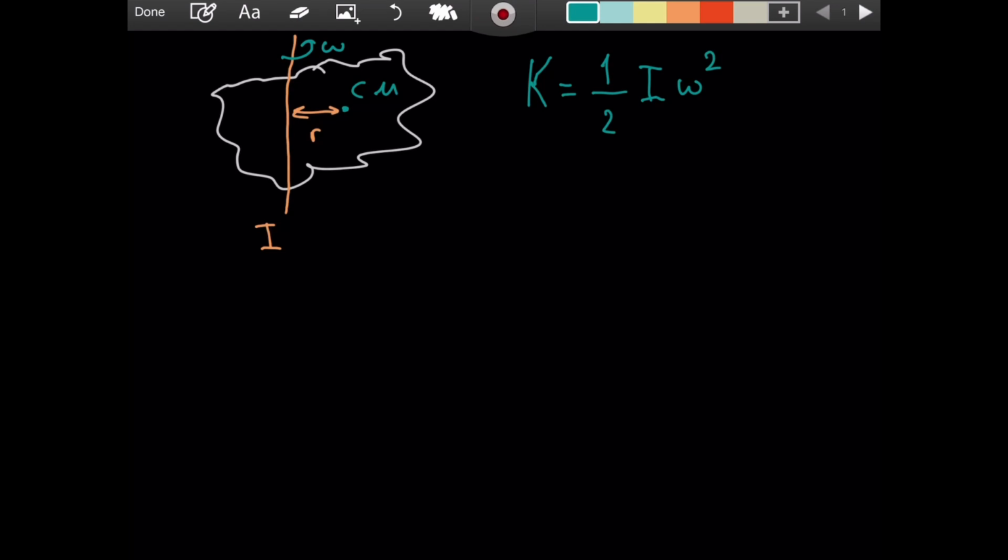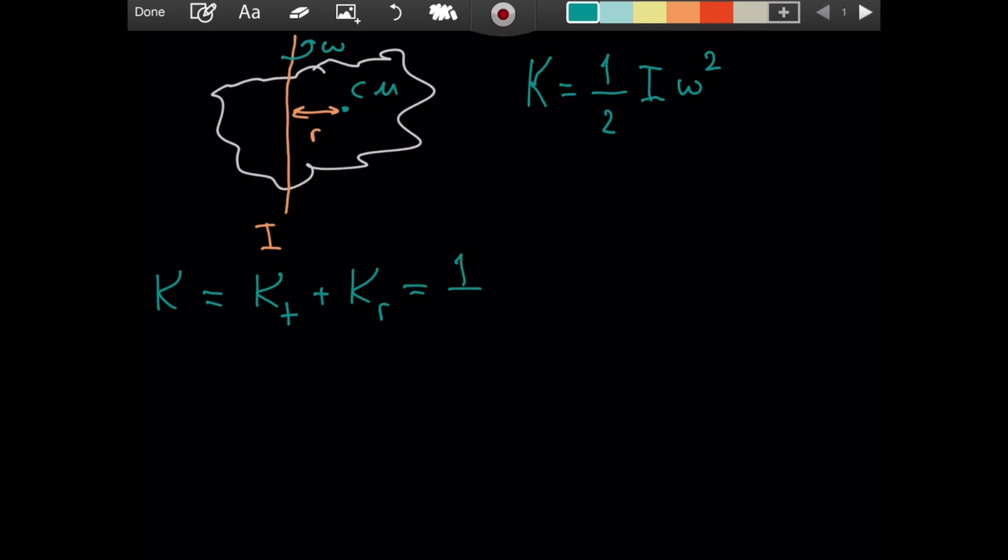To start, since we are interested in the total kinetic energy, I want to split it into two parts. Total kinetic energy is equal to translational kinetic energy plus rotational kinetic energy. What is the translational kinetic energy?